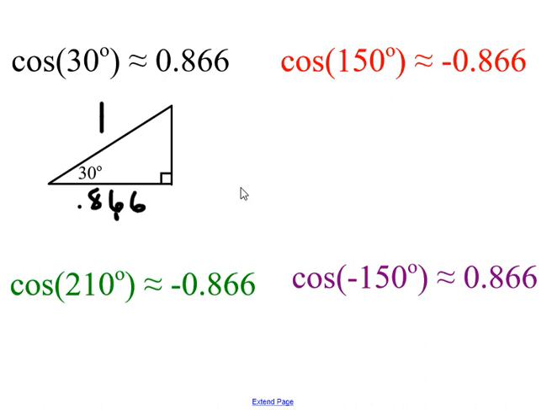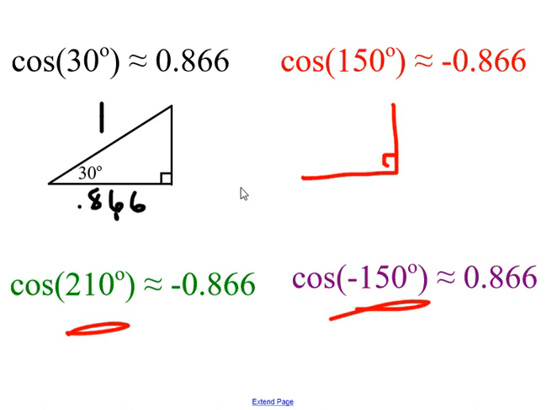But again, it didn't make sense to think about a right triangle with an angle of 150, right? Because if I have a right triangle and this is 90 degrees, there's no way I can have 150 or 210 or negative 150. So we're sort of exploring this, but there's answers.